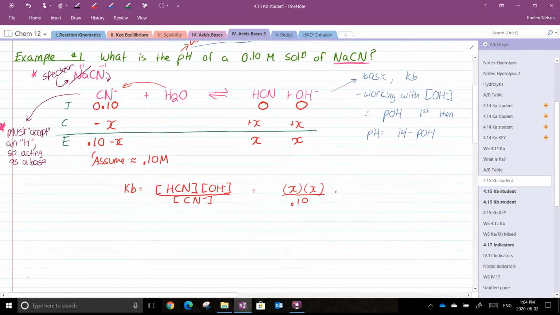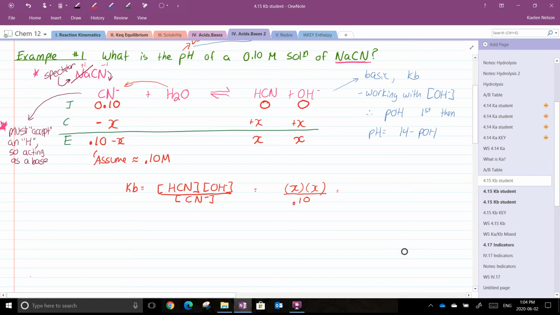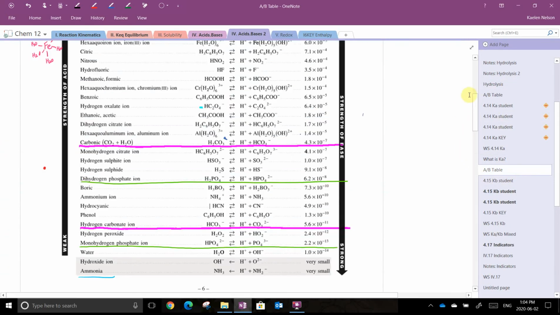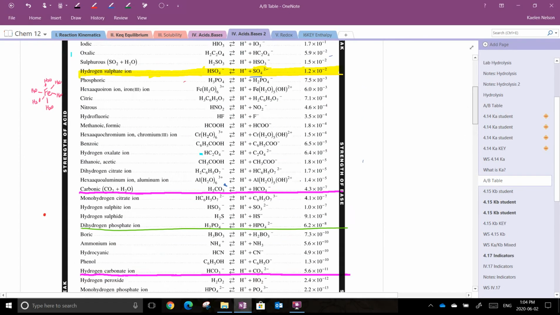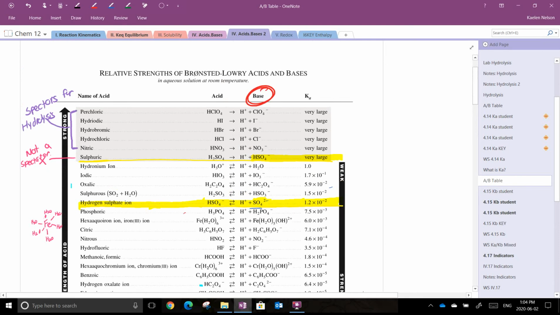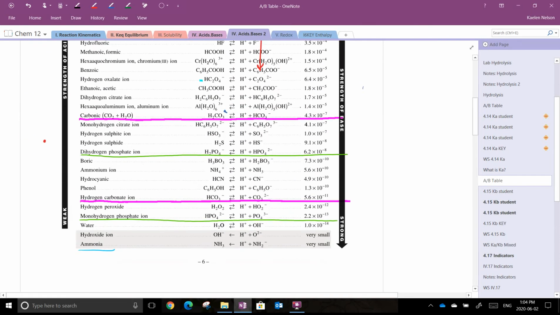To do that, we're going to go over to our table. So I'm going to find my acid-base table here, and I'm going to read down my base side. So here's my bases, and I'm going to follow myself all the way down here until I come to CN minus. There it is. So this is what we're dealing with.